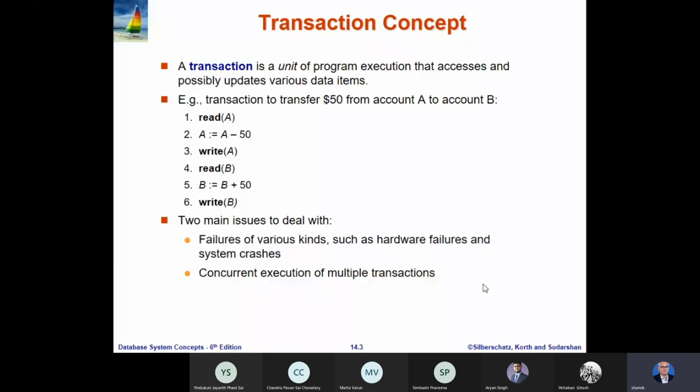This is what is meant by a transaction: a unit of work or unit of program execution, as mentioned here. There are a few important things that we'll see. The very first definition is that this type of unit of program is what we denote as a transaction.